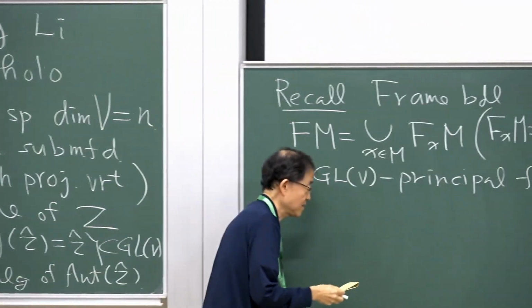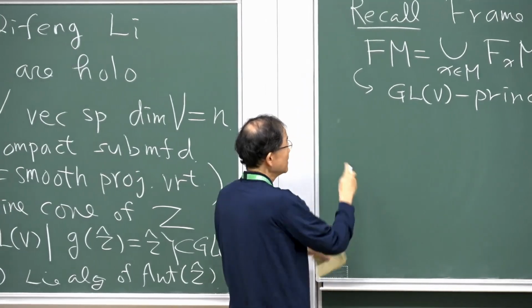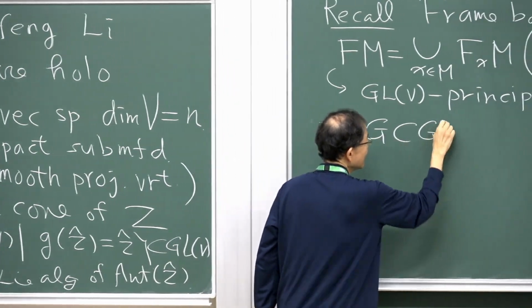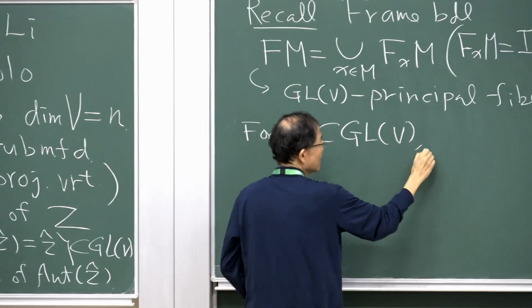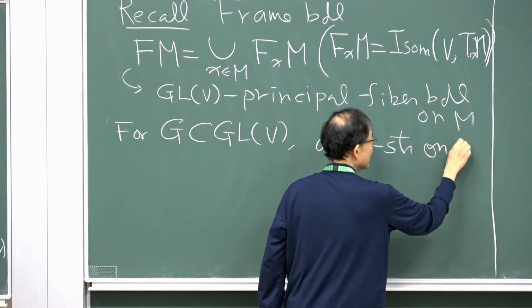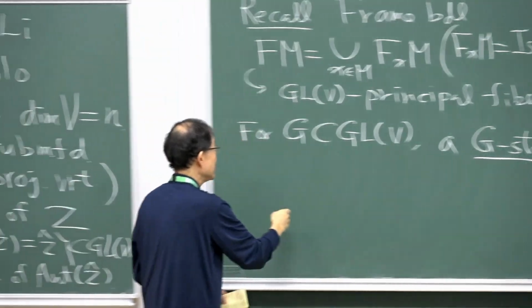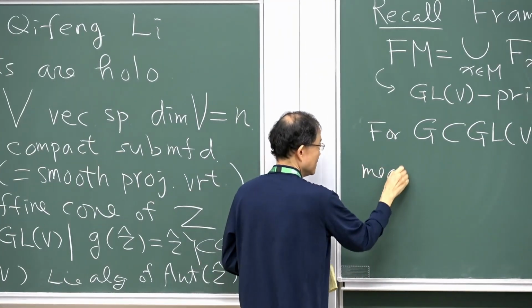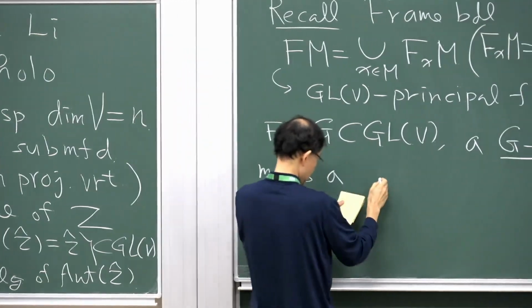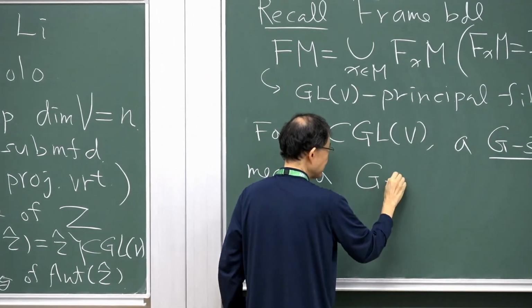Now, given a linear subgroup G, a G-structure on M means a G principal subbundle.